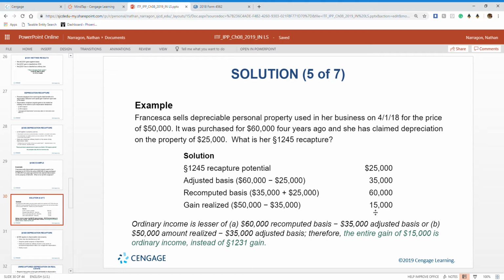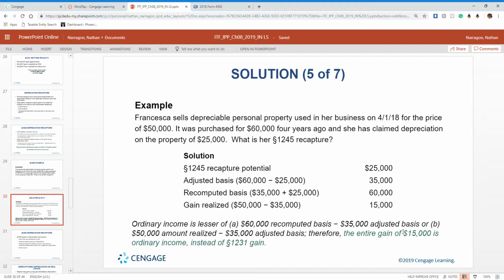Okay, so our ordinary income is going to be the lesser of the recomputed basis, again adjusted basis plus depreciation, so it's $60,000 minus our adjusted basis of 35,000, or basically our gain, the amount realized minus our adjusted basis.